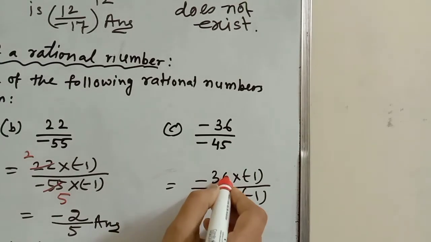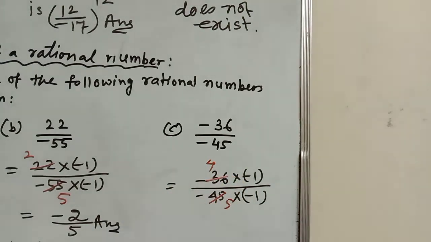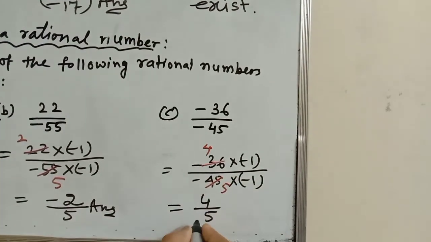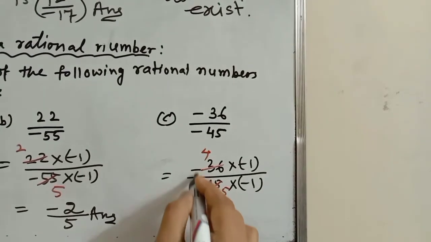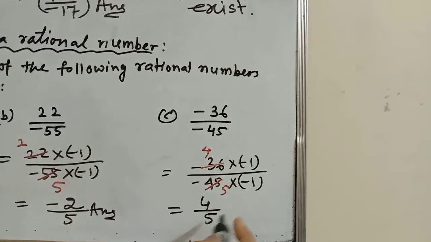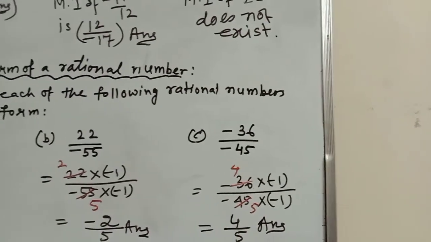You can cancel by 9: 9 4s are 36, 9 5s are 45. Now the numbers are in their simplest form, 4 by 5, and the denominator is also positive. Minus into minus is plus 4, minus into minus is plus 5. So this is the standard form of the rational number.